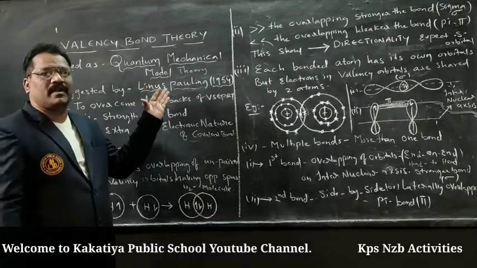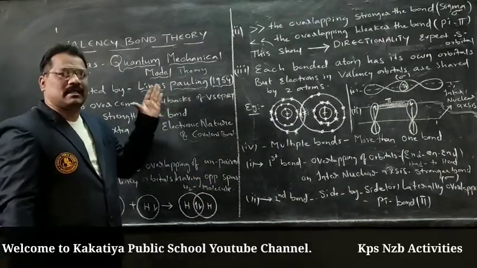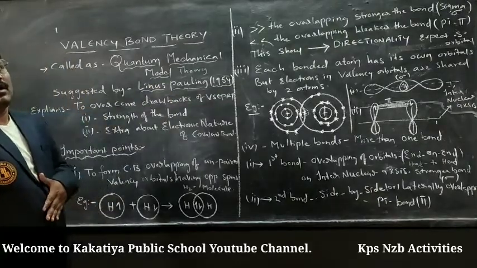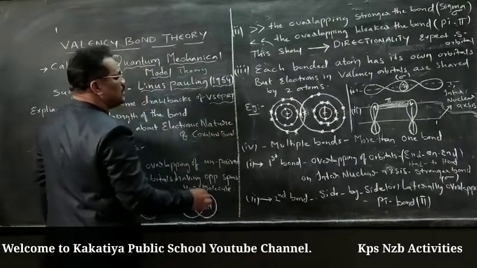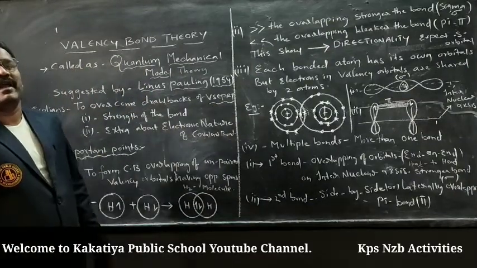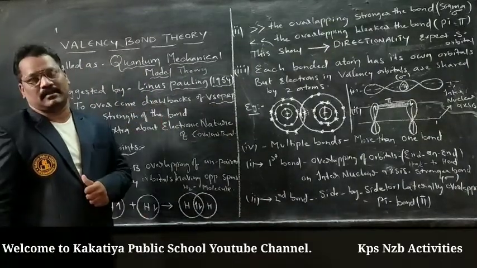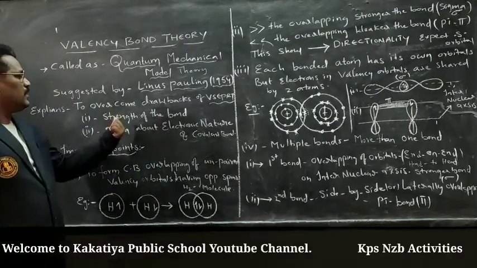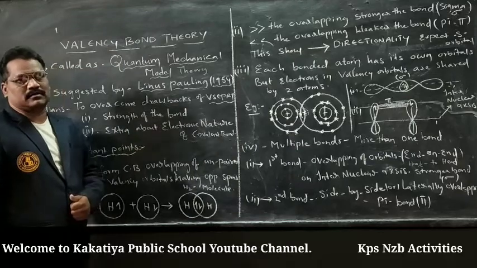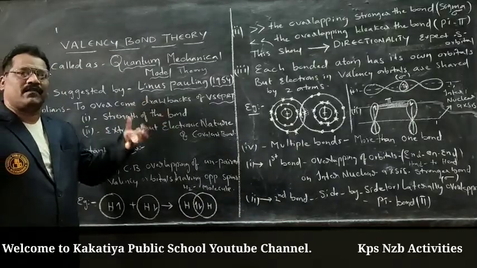In 1954, this theory was suggested by Linus Pauling to overcome the drawbacks of valence shell electron pair repulsion theory. What are the drawbacks? It failed to explain the strength of the bond, whether the bond is strong or weak.